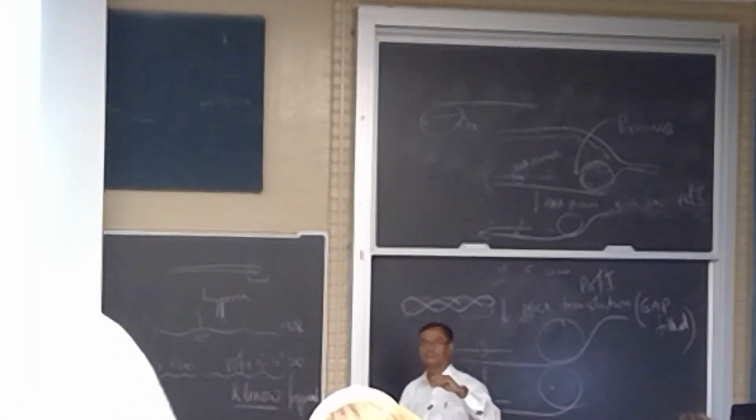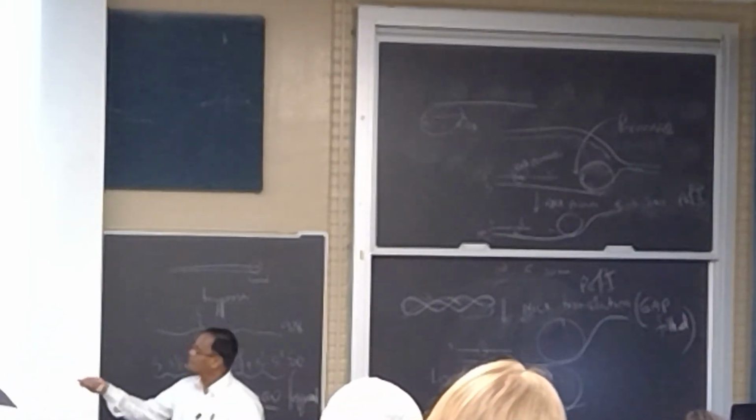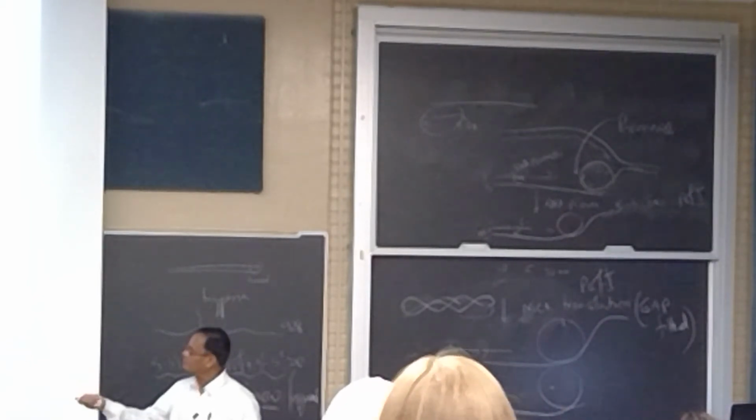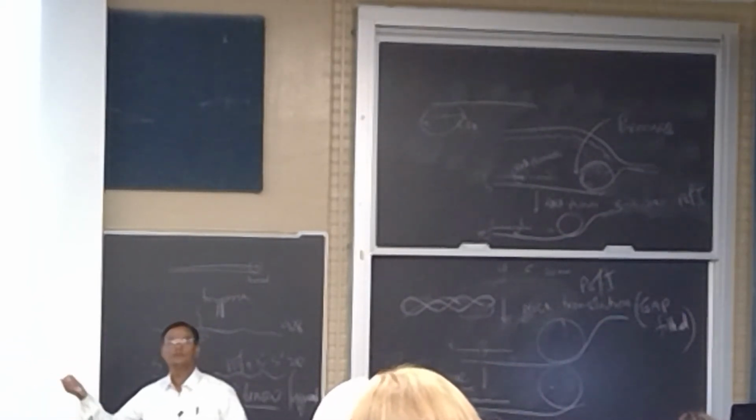DNA polymerase inhibitors are actually pretty good antibiotics. There are a lot of antibiotics which we use. They inhibit the growth of bacteria, correct? How do they inhibit? Many of them bind to the DNA polymerase and stop the replication.